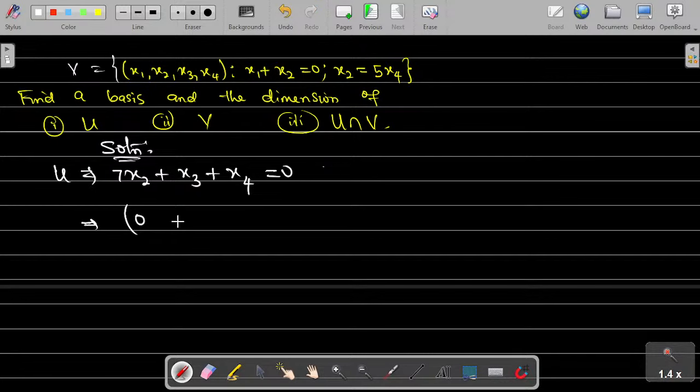That means 0. So you have 0, 7, 1 and 1. The coefficient of x4 is also 1, and so you close the bracket, and that multiplies your x1, x2, x3, x4. If this multiplication happens, you will still get back this, and that is equal to 0.